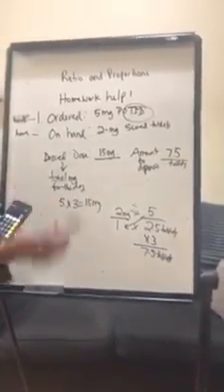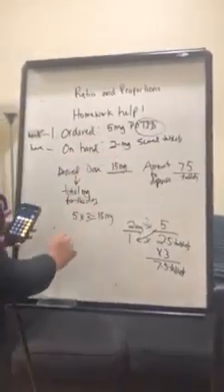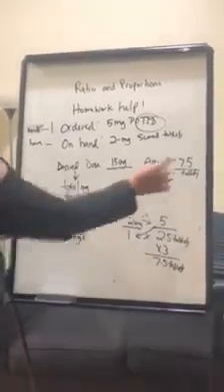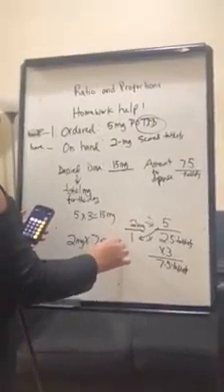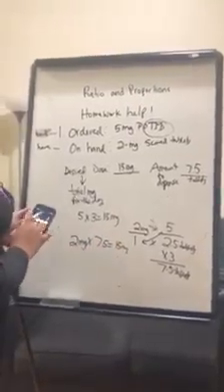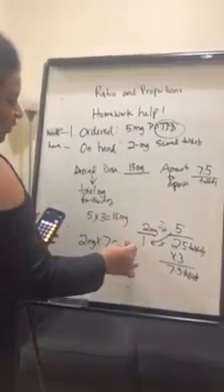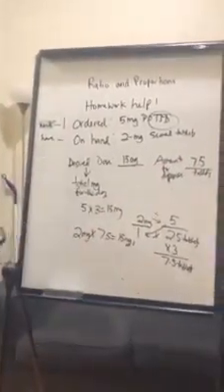If you want to check your work, just to prove my point further, again, on hand we have 2 milligrams. If I do 2 milligrams and I multiply it by 7.5, I get a total of 15. 2 times 7.5 gives me a total of 15. So my 15 milligrams order is being reached by providing 7.5 tablets for the order.